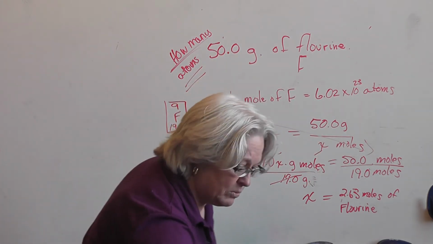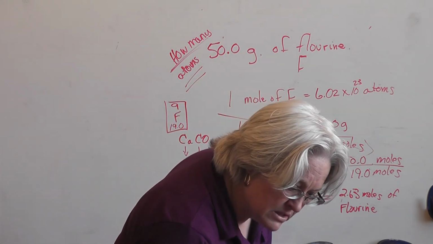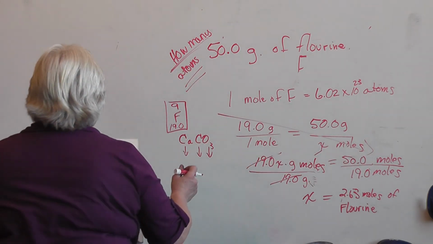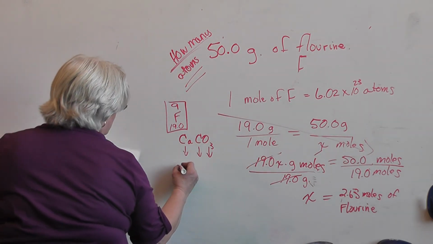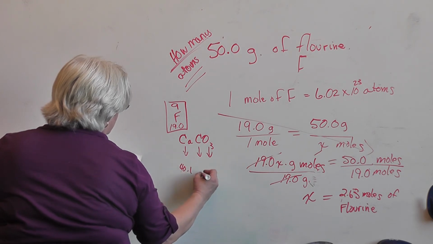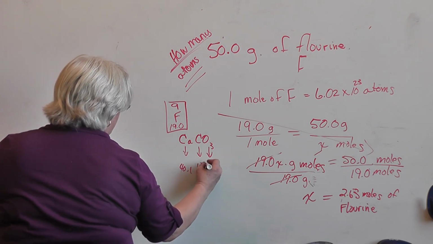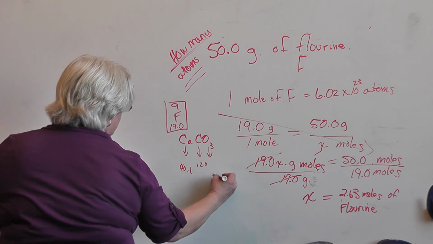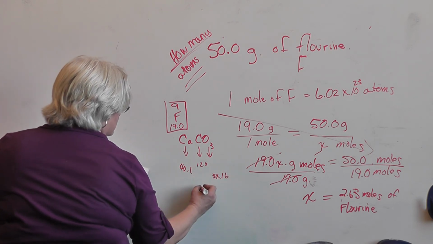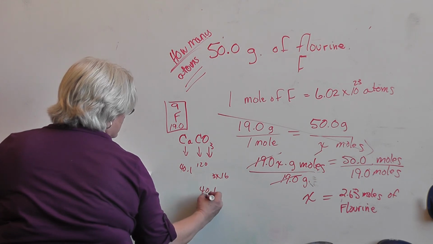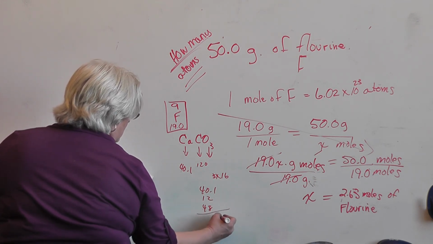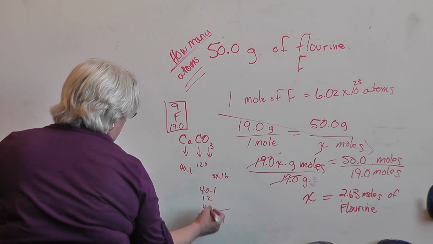Calcium is 40.1, carbon is 12.0, oxygen is 16, but it's 3 times 16. So you have 40.1 plus 12 plus 48.0, which is 100.1.